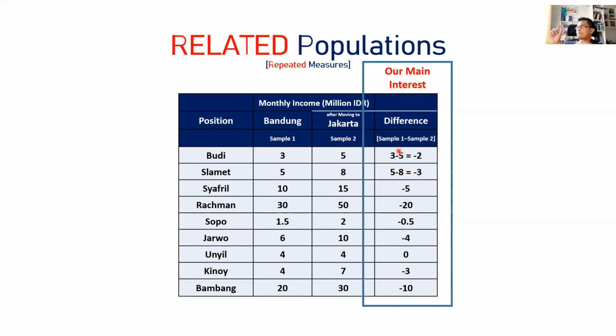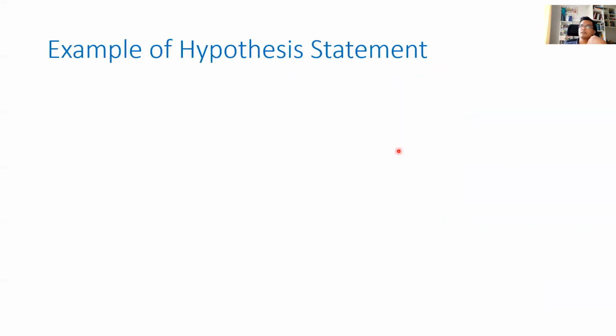The emphasis on the difference between those two different treatments of the same respondents can be seen in the hypothesis statement. Here the hypothesis statement is related to mu, taking the mean as the focus of the parameter. Here we can see that the hypothesis statement is centered on the difference.